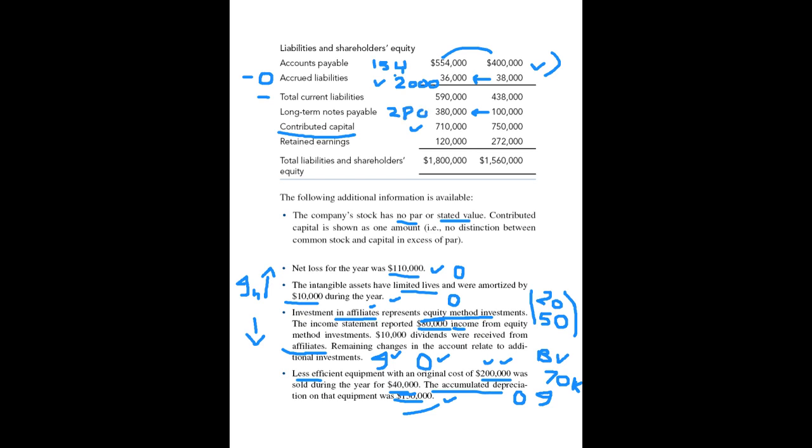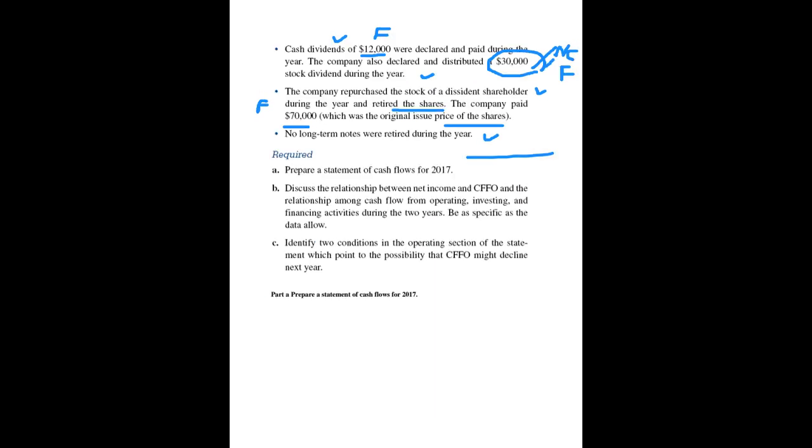Then comes contributed capital. We have information about the contributed capital, if you remember. This is in the additional notes, second last point, sorry. The company repurchased the stock of one dissatisfied shareholder during the year and retired the shares. So how much has the company retired? 70,000. And the company also declared and distributed 30,000 of stock dividends.